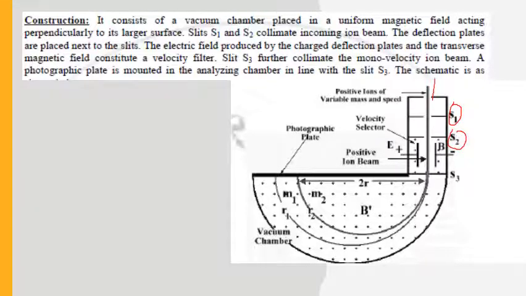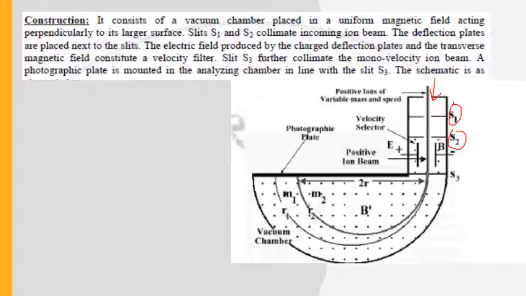The particles are entering from here. You create the particle from the gun or from another device and then enter here. Now these two slits are basically electrical or magnetic slits used to focus, to collimate the beam. So it is not mechanical, it's electrical or magnetic.